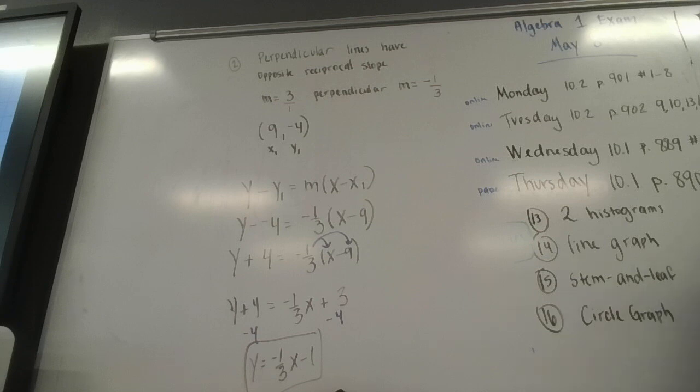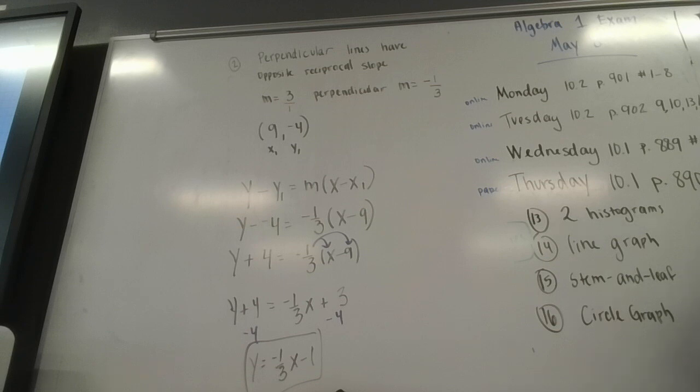There it is. It does look perpendicular. Does it actually go through the point 9, -4? I'll have to extend it a bit. And there it is. There's the point we were challenged to go through.